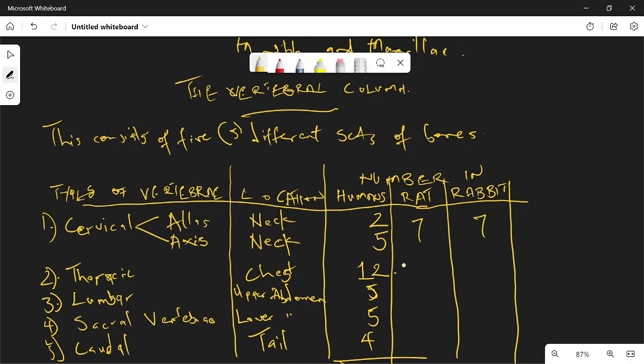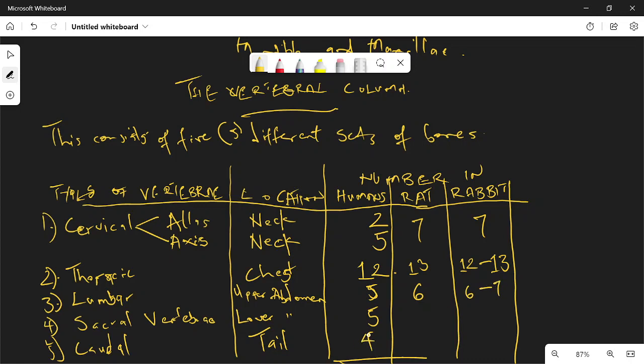and in the rabbit it is also a total of 7. The thoracic region in the rat has a total of 13, while in the rabbit it is 12 to 13. And the lumbar in the rat is just 6, while in the rabbit it is between 6 and 7.